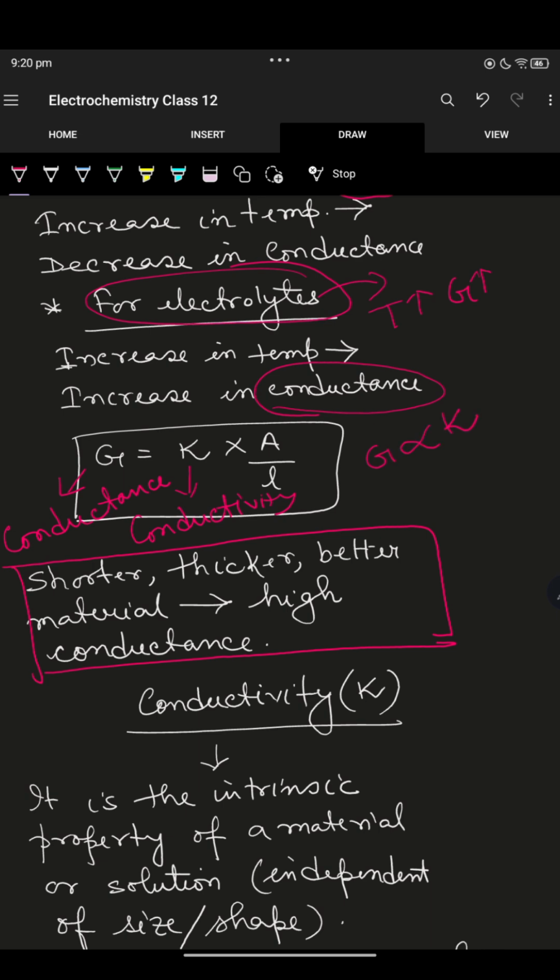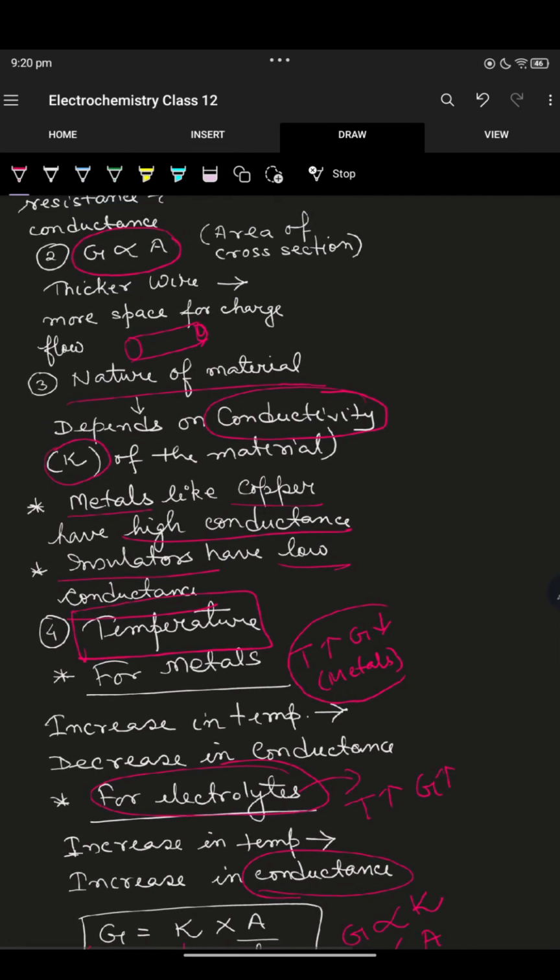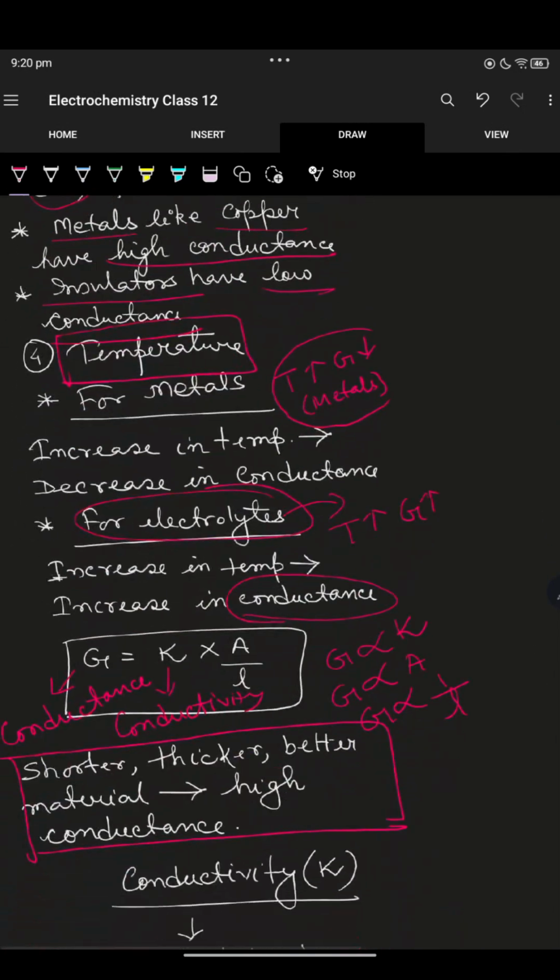So better material, better conductance. It is directly proportional to the area of the cross section and is inversely proportional to the length of the conductor. That is what you have seen here.